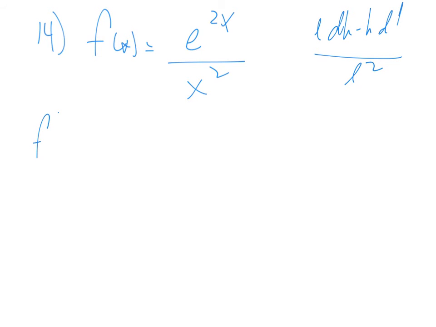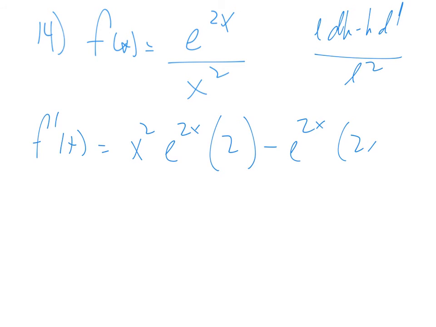So when we're looking at f prime of x, we're looking at x squared times e to the 2x times 2, the derivative of the u, minus the high, which is e to the 2x, times the derivative of low, which is 2x, all over the low squared, which is x squared. Now, since we didn't say simplify, you're more than welcome to leave your answer exactly the way it is.